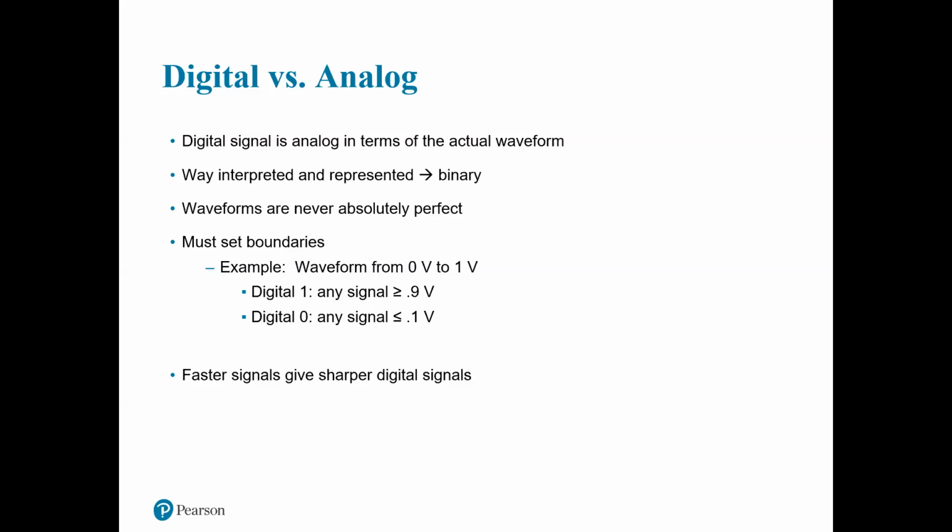And a digital one, we could say, is any signal that is greater than or equal to 0.9 volts. We'll call it a digital one. Any signal that is less than or equal to 0.1 volts, we would call a digital 0. Anything in between is undefined. So if a signal comes in between those two values, we would not have a definition for it. Faster signals give sharper digital signals.